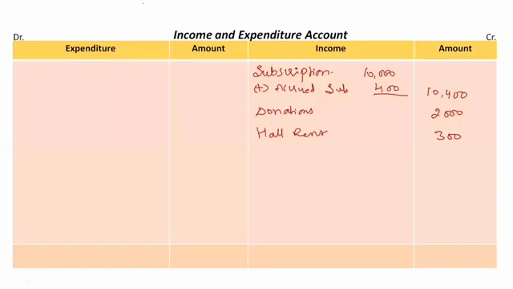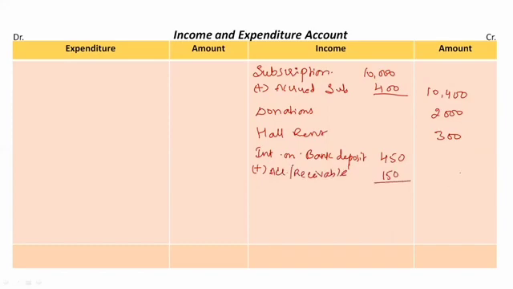So in the income side, take it as interest on bank deposit. How much? I've already received 450 rupees. Remember, whenever there's a transaction related to any item, first write the amount in the inner column, then make the adjustment plus or minus. We have accrued, or you can write receivable. How much? 150 rupees.